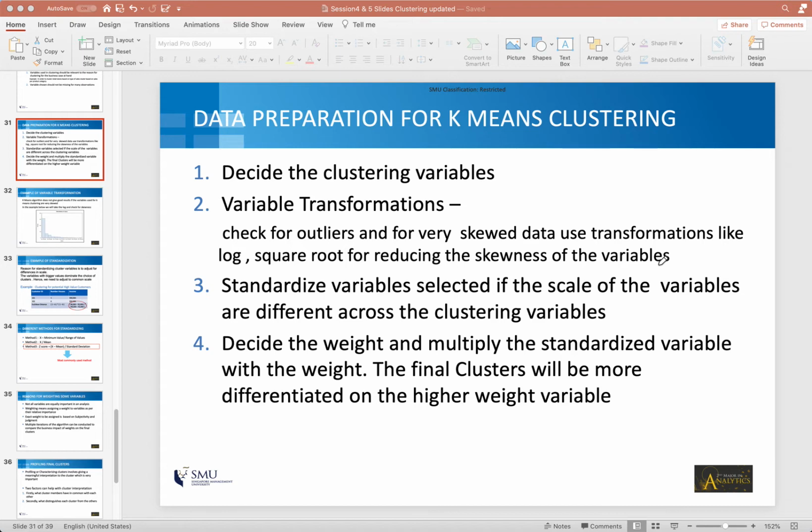So if the data is skewed, then we do a certain data preparation to reduce the skewness. And this type of data preparation is known as transformations which are non-linear in nature, such as log and square root. Okay. So let's take an example of this first, and then you can come back and read this again, and that will make a lot more sense then.